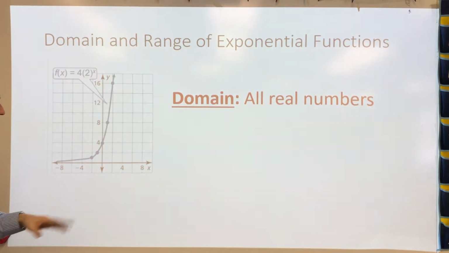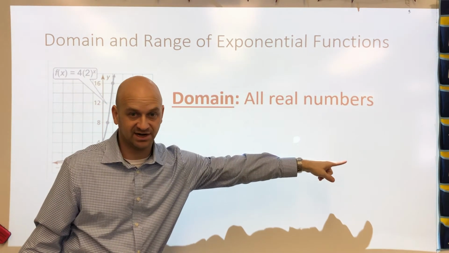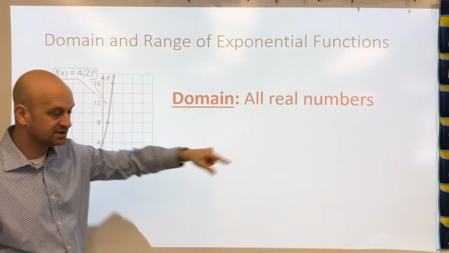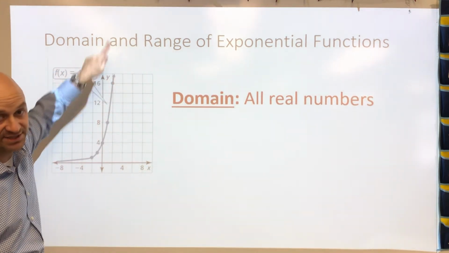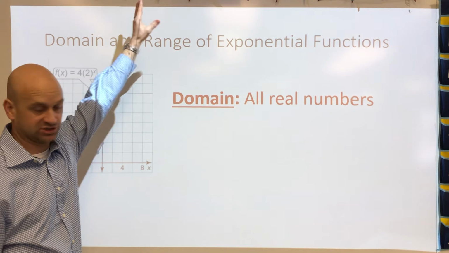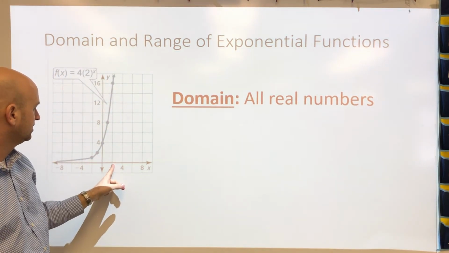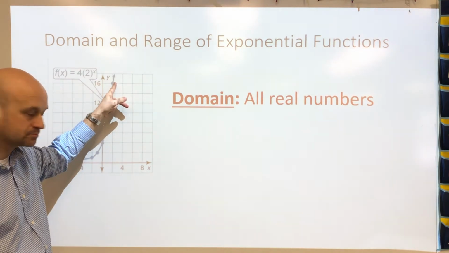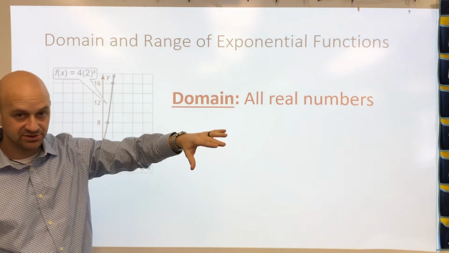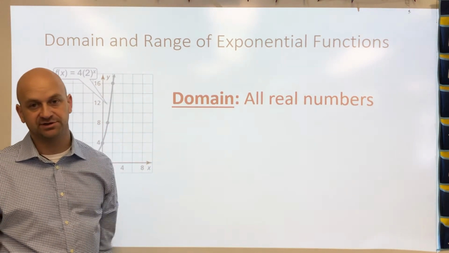Okay, so we could put in 1,000,000 for x. Now, even though it's way over there, 1,000,000 for x is going to make this thing extremely large. You can see because already at a value of 2, it's at 16. So if you put a value in of 1,000,000, it's going to get very, very large.